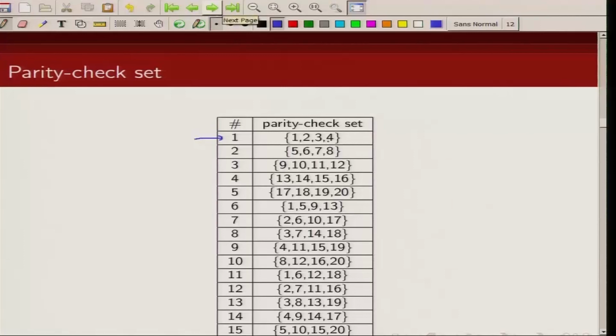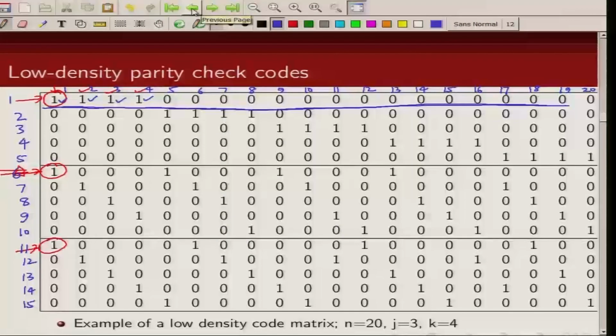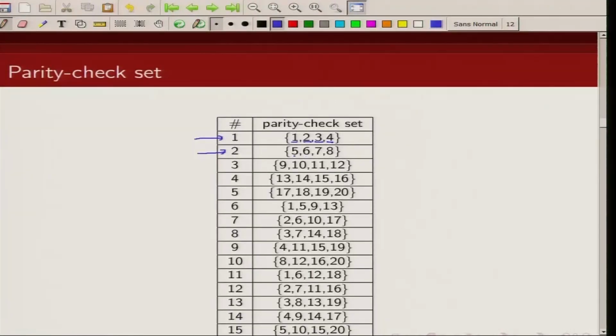That is why this first parity check set consists of 1, 2, 3 and 4. Similarly, parity check set 2. If you look at the second parity check equation, bit number 5, 6, 7 and 8 are participating. So, the parity check set will have 5, 6, 7 and 8.